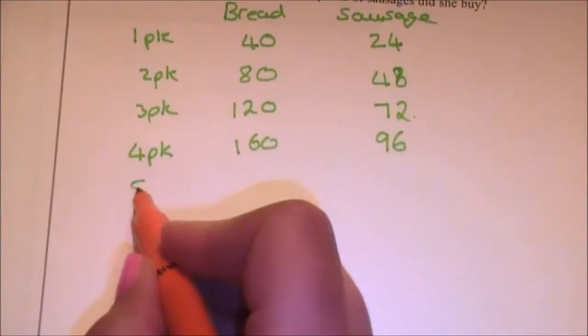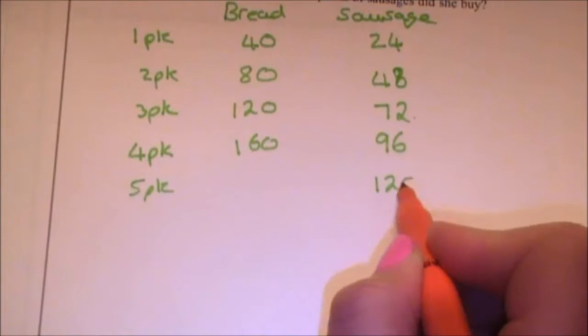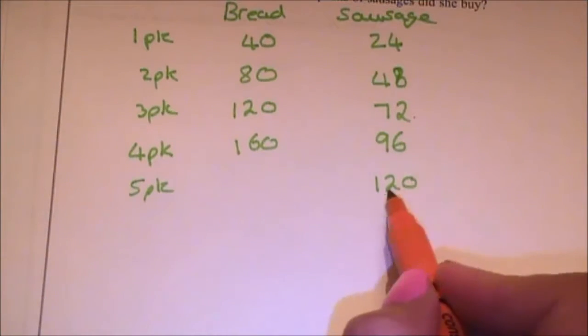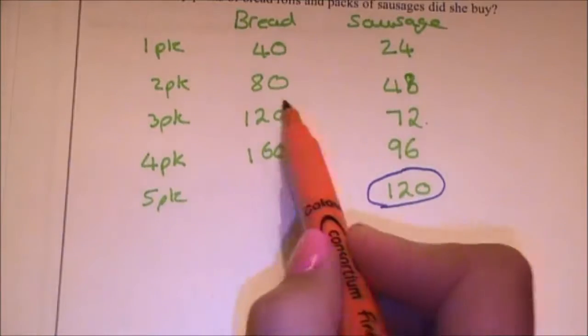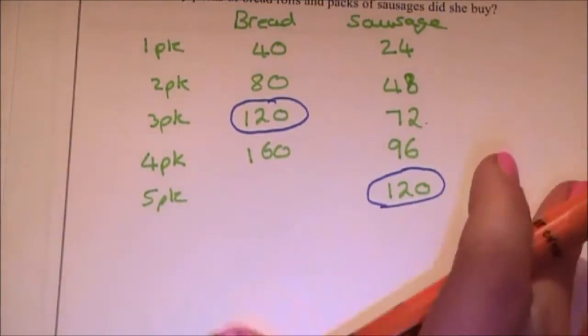So if I was to buy a 5th pack of sausages, I'd have 120 sausages, and as if by coincidence, I just happened to find that the first number common to both packets is 120.